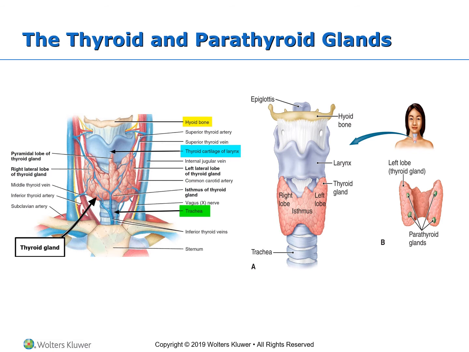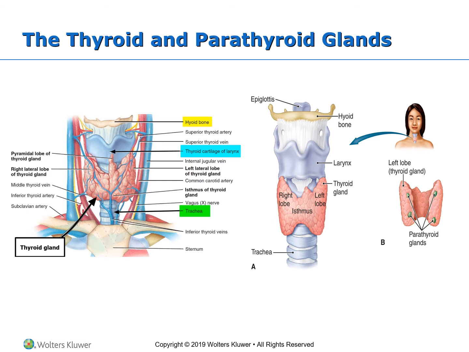We have the jugular veins, and we have the carotids that are passing the gland very, very close to it. In addition, the thyroid gland is receiving some nervous supply from the vagus nerve, and that's important in surgery because the vagus nerve can be compromised.